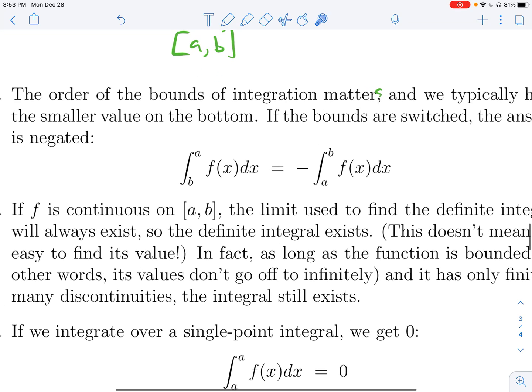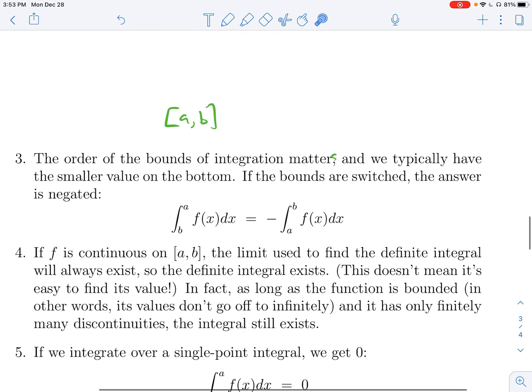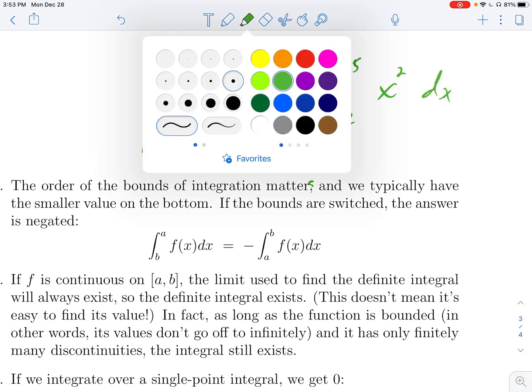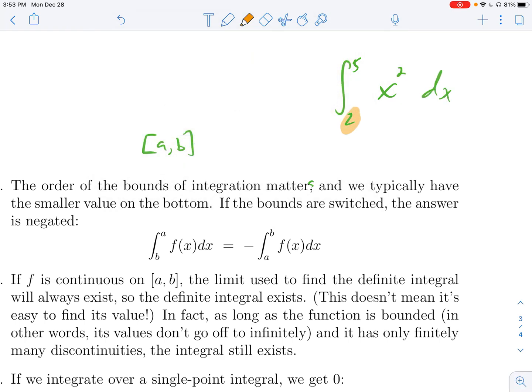So if you see these in the wrong order, it means that if you carefully went through the formula, you would get a bunch of negatives, and it's the opposite of the correct order. So don't say, oh, they're in the wrong order, let me fix that. It has a different meaning. But what you'll see most often is that the smaller number is on the bottom and the bigger number on the top.